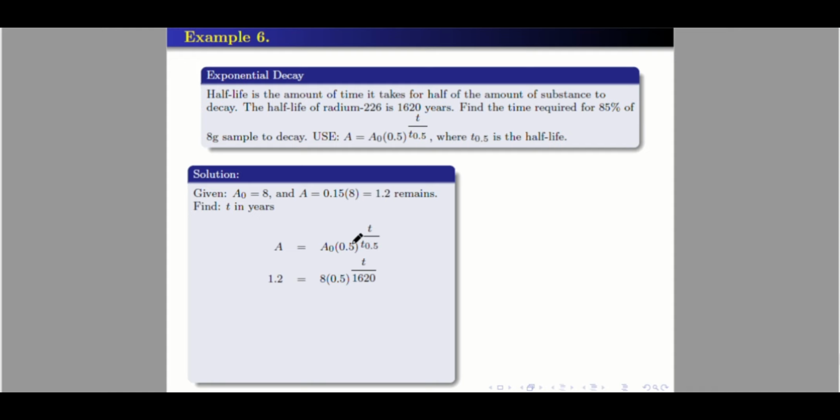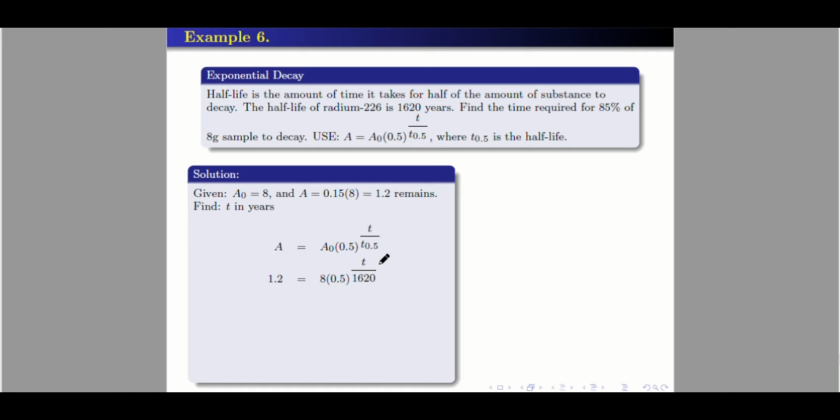So we have 0.5. Our t is the variable, the years, the time. And this t sub 0.5 is the notation for the half-life. Now, it is stated here that the half-life of radium-226 is 1620. That is why I substituted this 1620. So this is the half-life of radium-226.